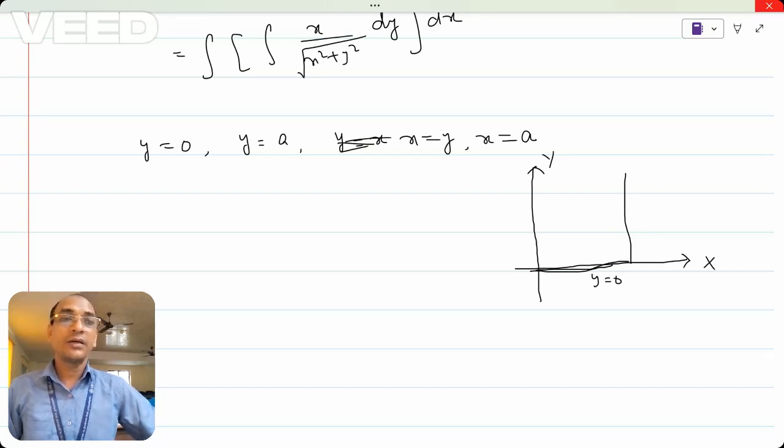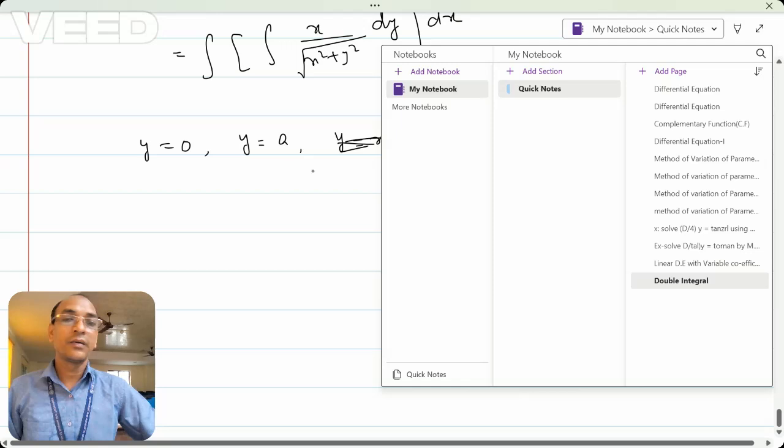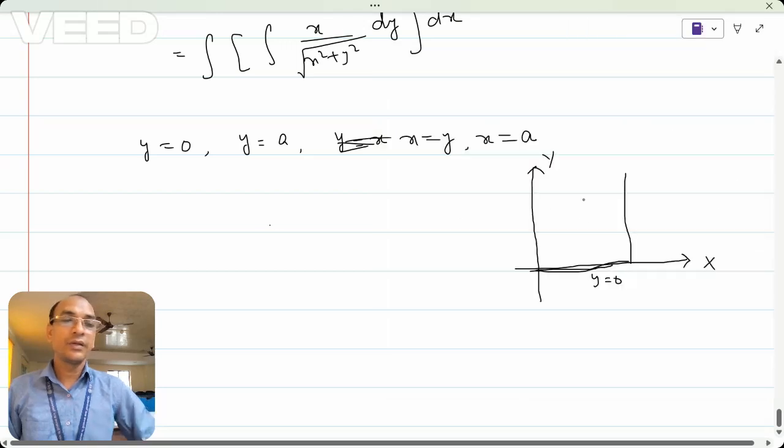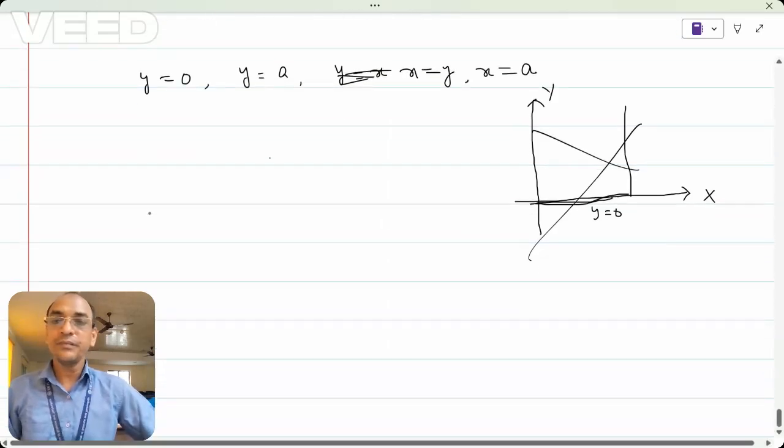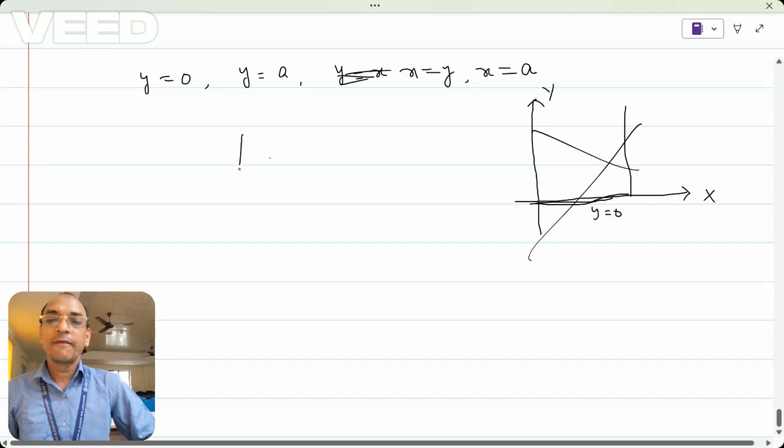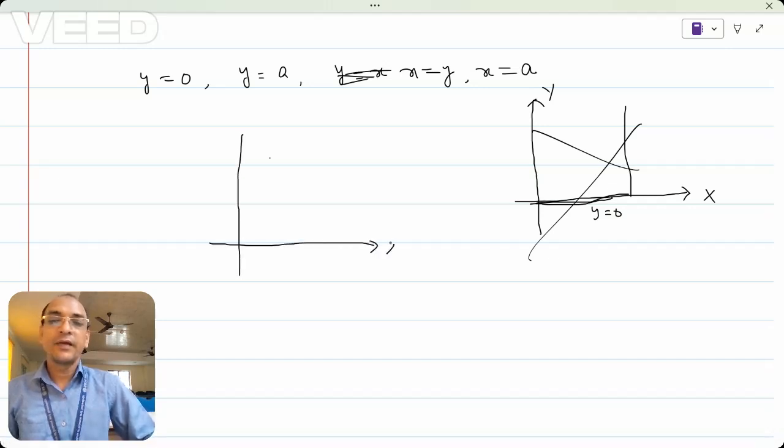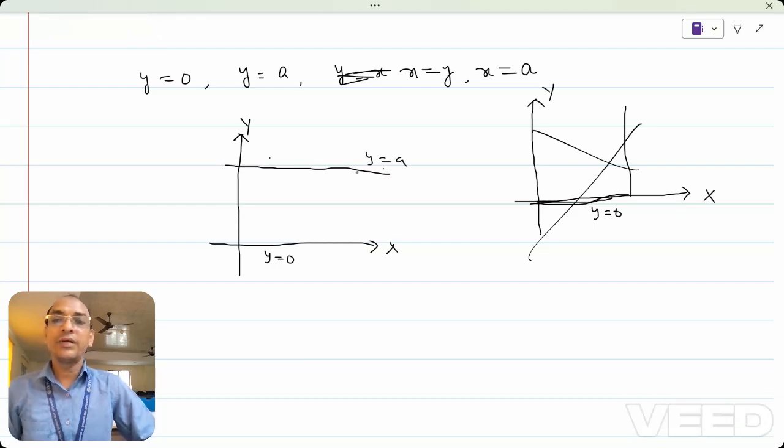So I will take y equal to a like this. This is my x, and this is my y. So this line, the x-axis, is y equal to 0, and this line is y equal to a.